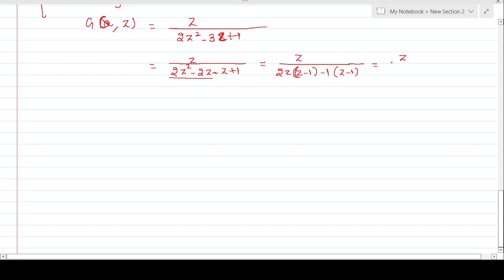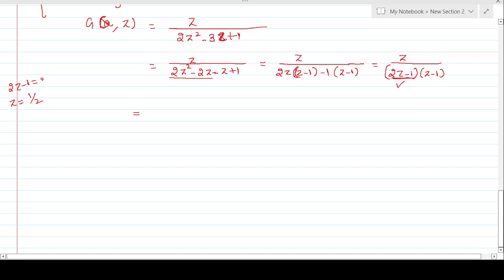So it is z by 2z minus 1 and z minus 1. Now put this thing equal to 0. Equate this first factor equal to 0. When you do so, what is the value of z? z value is 1 by 2.